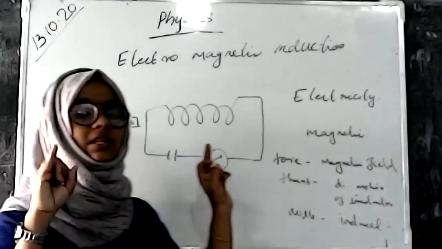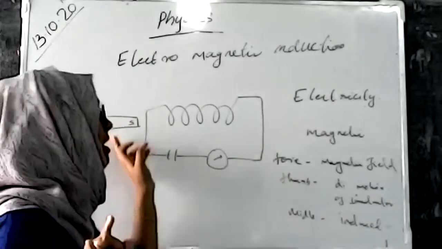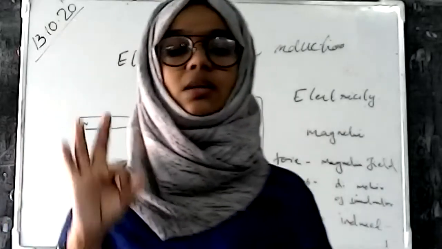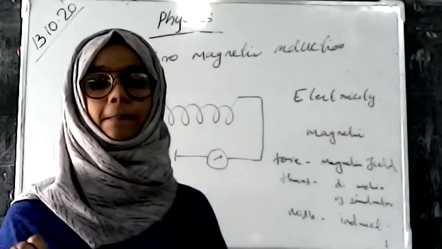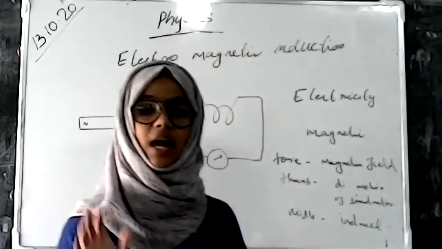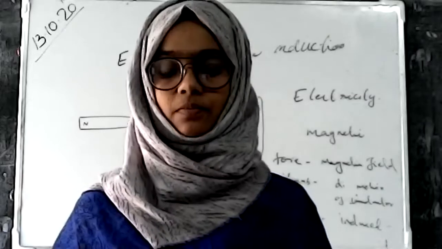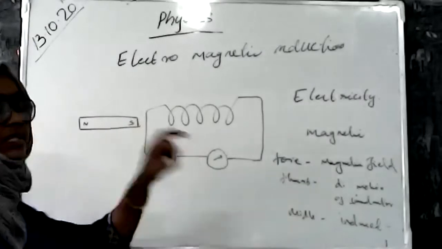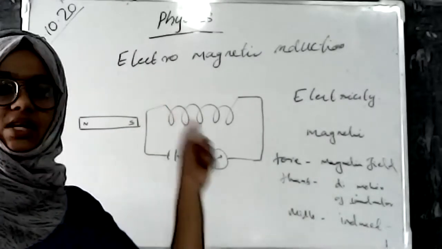Fleming takes the second one as the direction of motion of the conductor. And this makes an induced current in this circuit. So the third one is the induced EMF. So Fleming describes the direction of these three using our right hand. So this is known as Fleming's right-hand rule. Now you understand what Fleming's right-hand rule is based on electromagnetic induction.